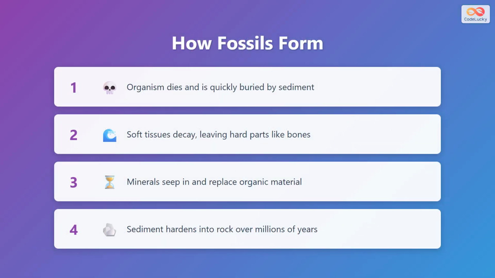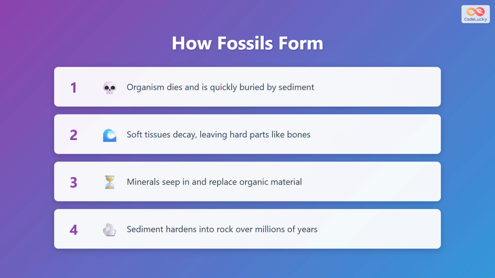The process of fossilization is actually quite rare and requires very specific conditions. It begins when an organism dies and is quickly buried by sediment, such as sand or mud. This rapid burial is crucial because it protects the remains from scavengers and slows down the decay process. Over time, the soft tissues of the organism decay, leaving behind only the hard parts like bones or shells.